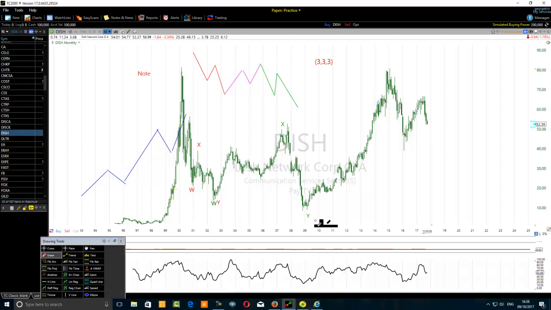When we talk about double three, it's the WXY pattern. The triple three is three corrective waves that are linked by two X waves. I will be recording another video when I will be talking about the triple three. But from now, if somebody talks about double three, that person is talking about the WXY pattern.